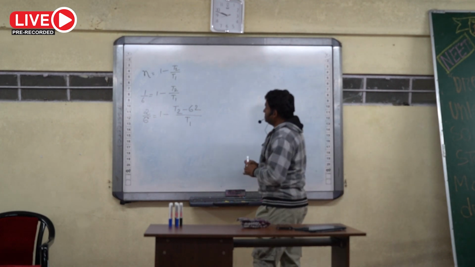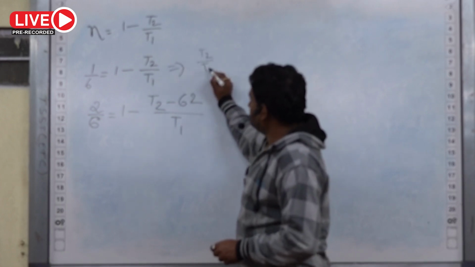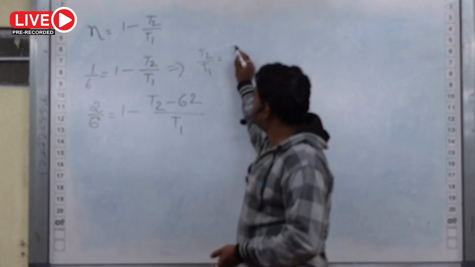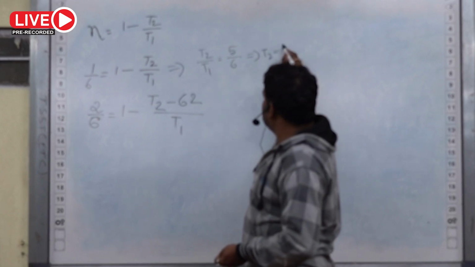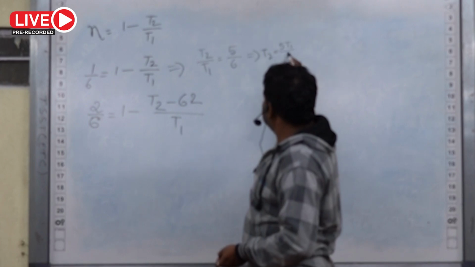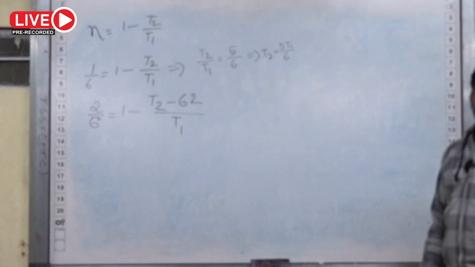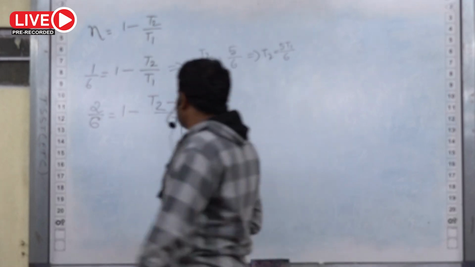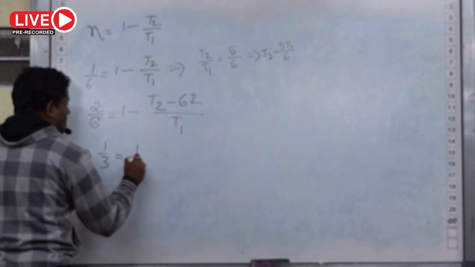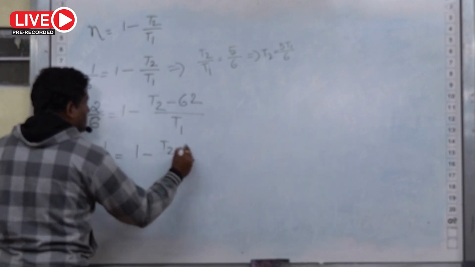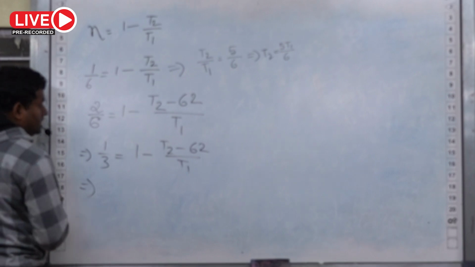So what is coming? See, from this equation, T2 by T1 is equal to 1 minus 1 by 6, means 5 by 6. This implies that T2 will be equal to 5 T1 by 6. Substitute it here. So it will be 1 by 3 equal to 1 minus (T2 minus 62) by T1.